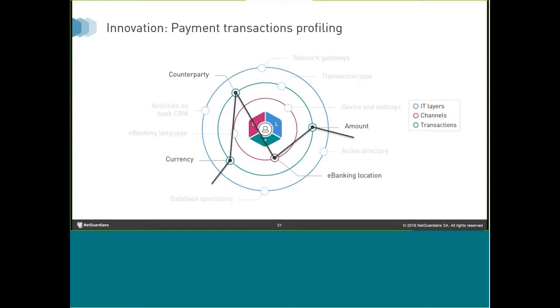So if a fraudster takes over your account, the amount will be high, trying to hit the ceiling. The counterparty will be new. If it's an RTFA, somebody has taken over your session, hijacked your session. You can see particular public IPs may have changed. You can see now you're doing a dollar transaction, whereas usually you do Swiss franc transactions or whichever currency you're using.